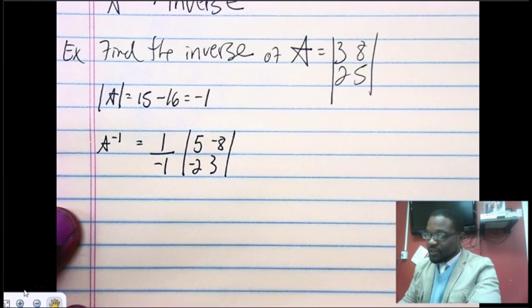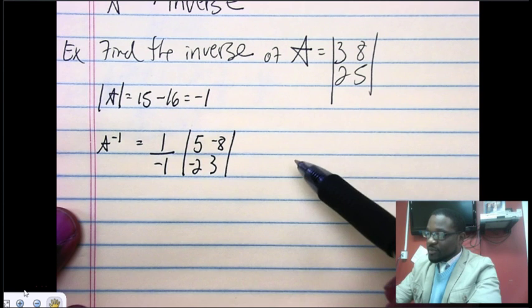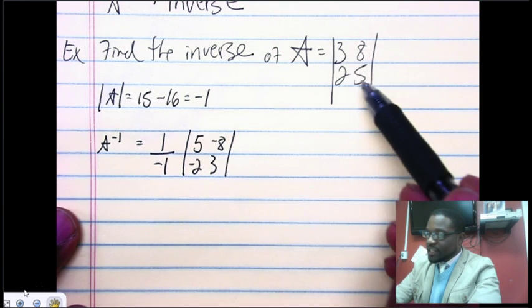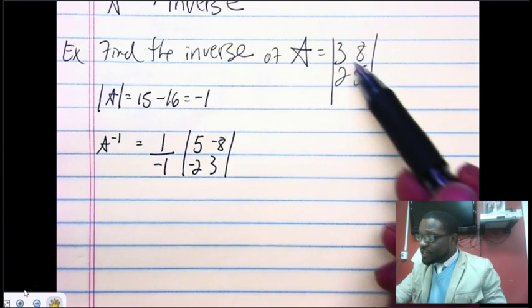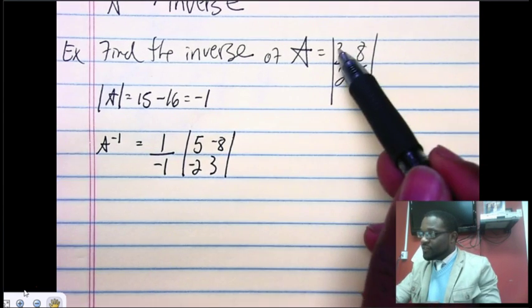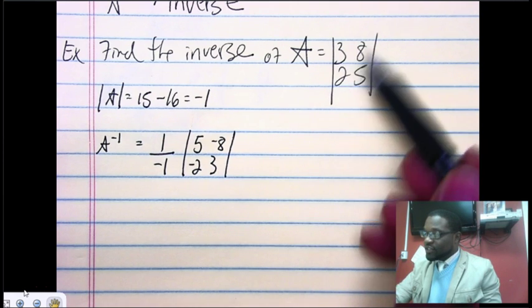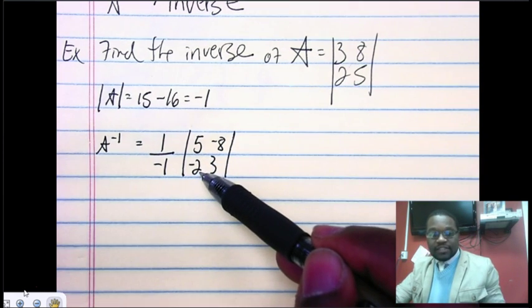That's what you have to do. So again, notice what happened: the diagonal flipped. The 5 and the 3 flipped, no sign change. These here, the 2 and the 8, they just changed sign.